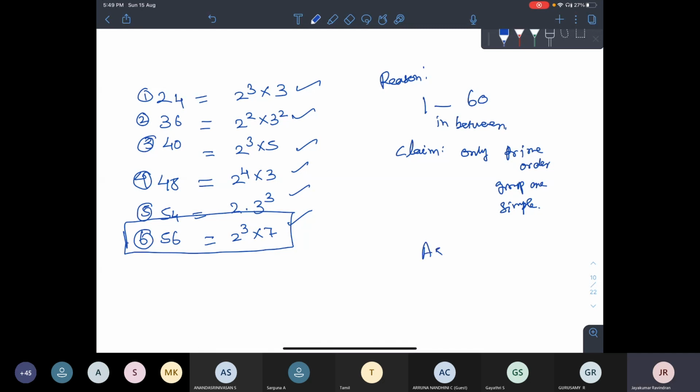And A5 is the first non-abelian, or we can say composite, simple group. Both are almost the same in this sense. First non-abelian composite simple group.